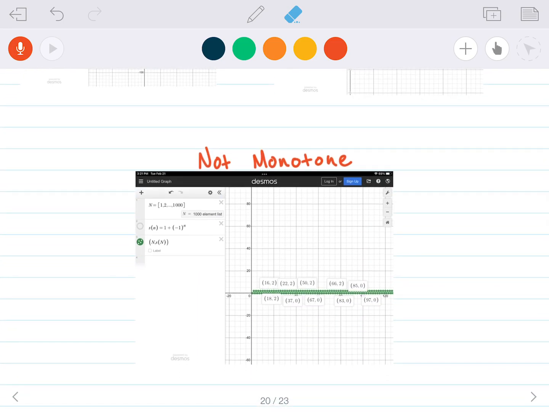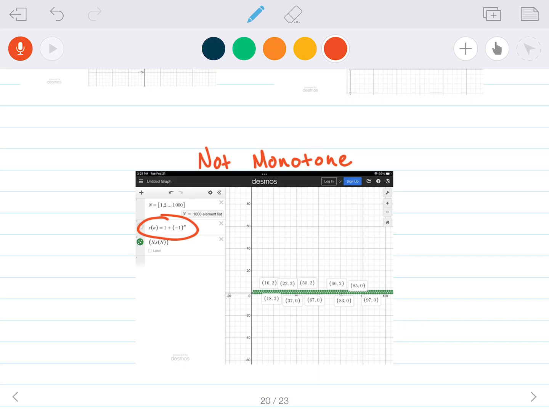This guy is not monotone. This old friend, s sub n equals 1 plus negative 1 to the n, is not monotone because from one value to the next, we're increasing, and then from the next one, we're decreasing, right? We're oscillating between 2 and 0 constantly.